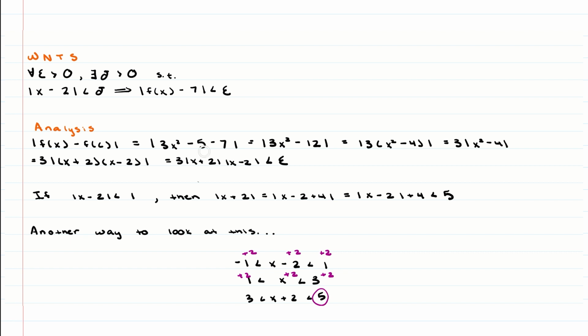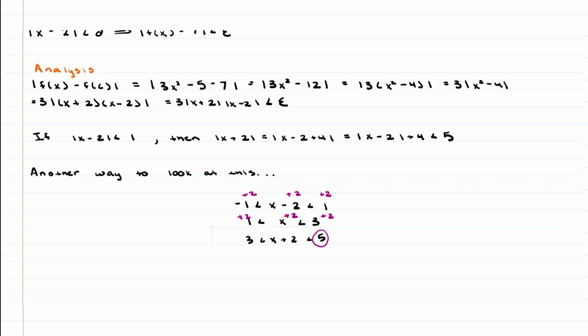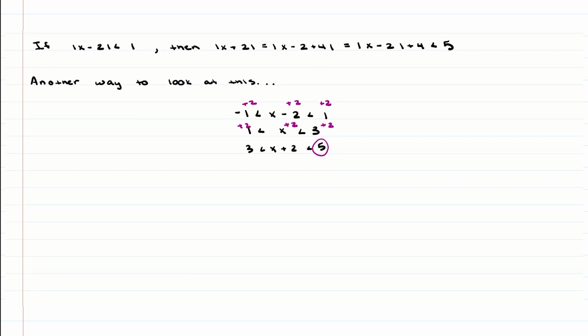So moving on, we're going to take 3 times the absolute value of x + 2 times the absolute value of x - 2 is less than epsilon. And we're going to start here. And if this is less than epsilon, then that means that the absolute value of x - 2, first of all, needs to be less than 1. And then 3 times 5 times the absolute value of x - 2 is less than epsilon. So we just replace the absolute value of x + 2 with 5.